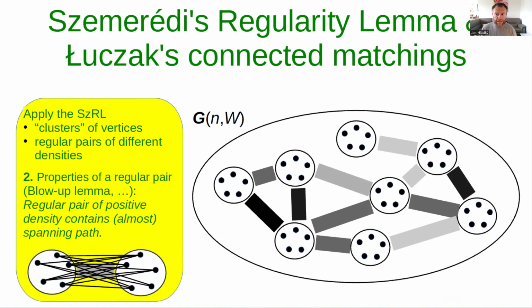So, matching properties in the cluster graph. Let me just recall why we regularize graphs in many applications in extremal graph theory: we have tools like the blow-up lemma.